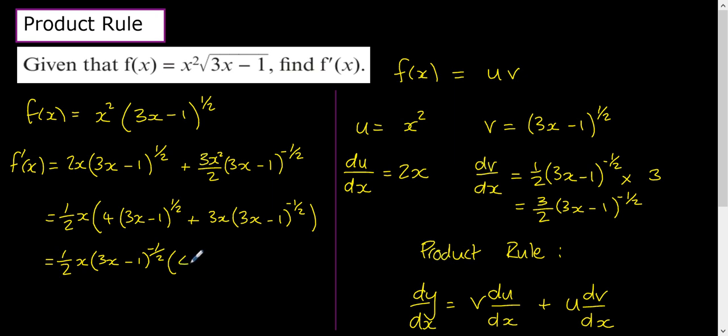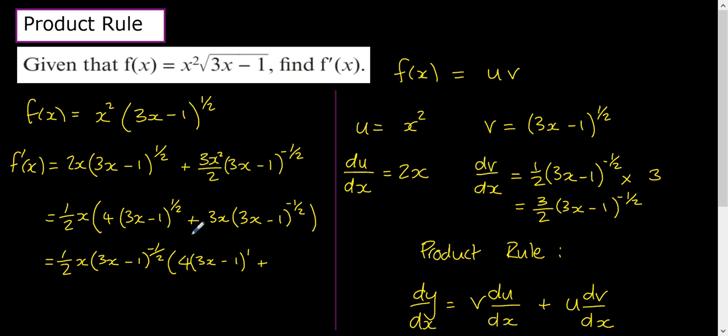So let's do that. I'm going to multiply therefore by the 4. So I still need to multiply by that 4. And I'm going to do (3x minus 1) to the power of 1, essentially. If we multiply half x by 4, we get 2x. If we multiply (3x minus 1) to the minus a half by (3x minus 1) to the power of 1, we get (3x minus 1) to the plus a half. So that's been factorized.